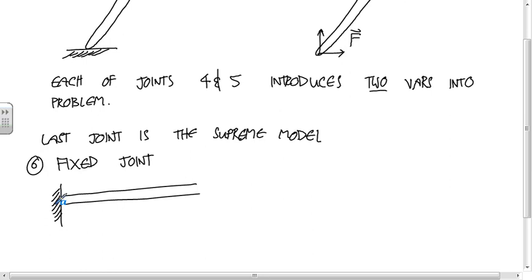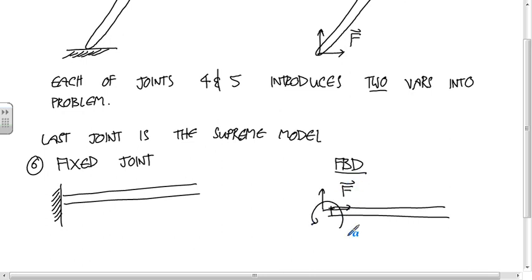Like if this beam is cantilevered from the wall, the end where it's connected can't translate along X, it can't translate along Y, and it can't rotate. And so the free body diagram represents this as an unknown force vector, F, and a couple, M.